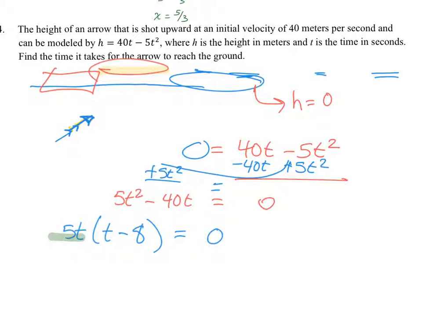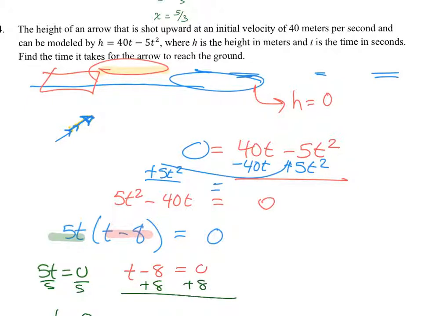Set each parentheses or every part equal to 0. And then t minus 8 is equal to 0. And then I just solve. Well, if 5t equals 0, t is obviously 0. And then if t minus 8 is equal to 0, I add 8, and I get t is equal to 8.